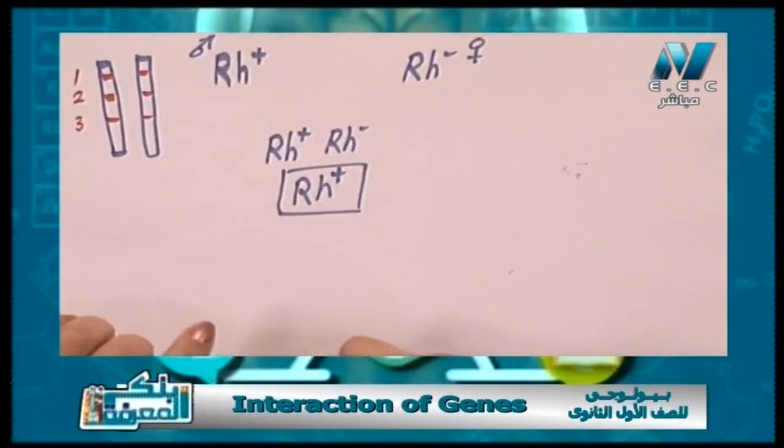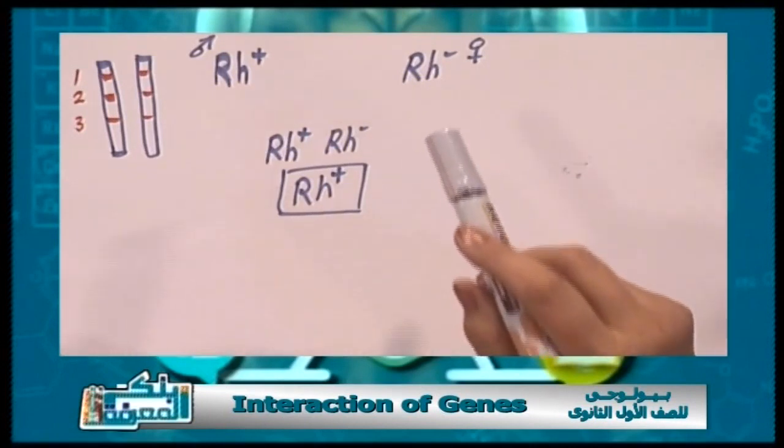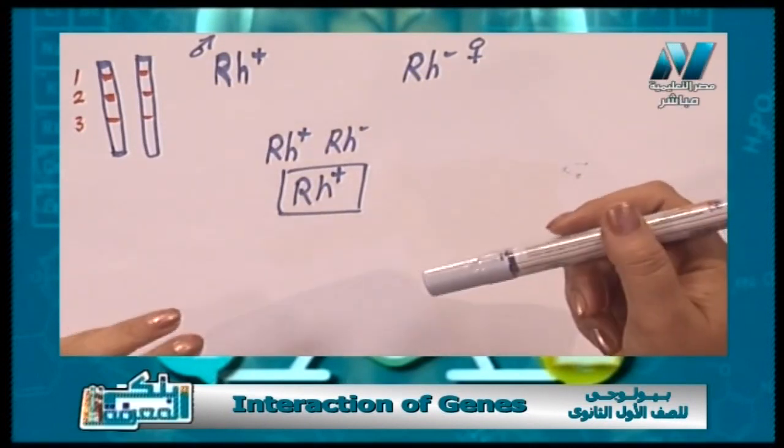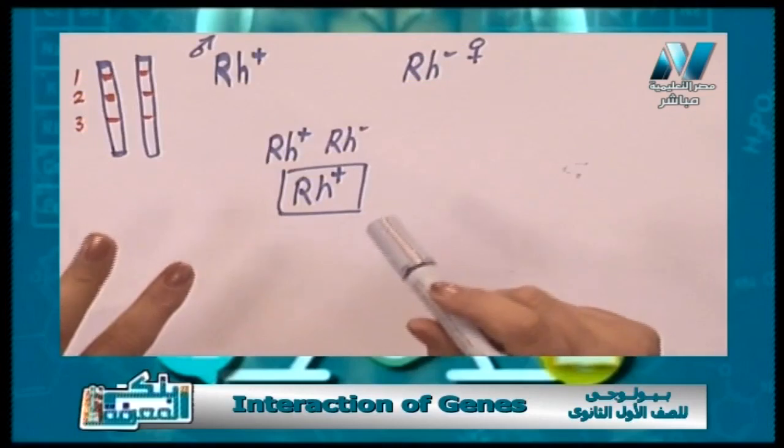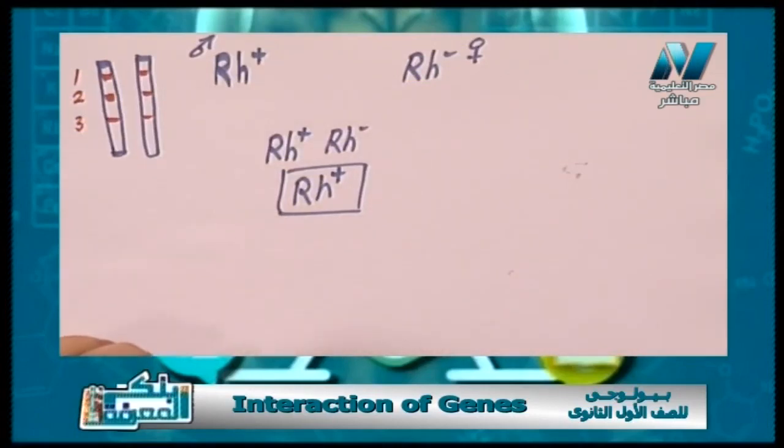But the person who is Rh negative has the ability to produce antibodies against the positive one. This is why it is very dangerous for an Rh negative person to receive positive blood. And this occurs during pregnancy.